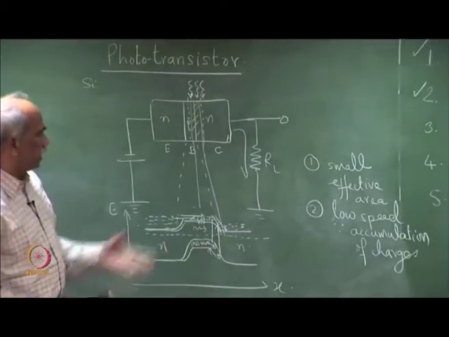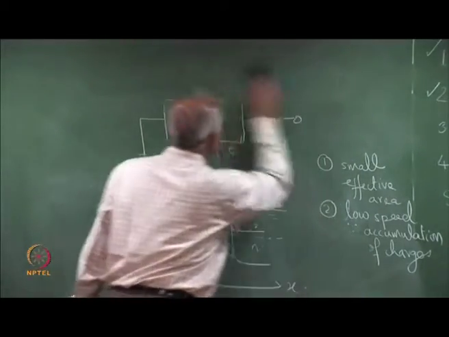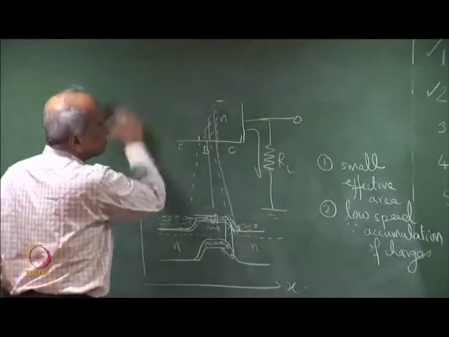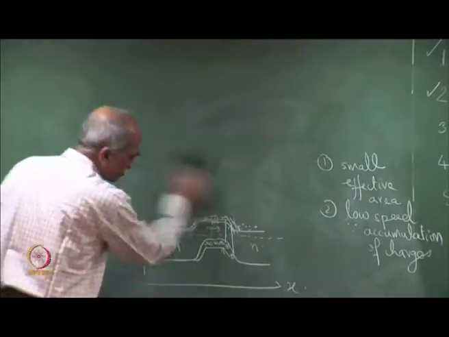So, this is a device which is used for many simpler applications, primarily due to the photocurrent gain which is available with phototransistors.